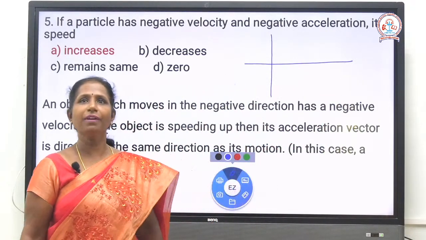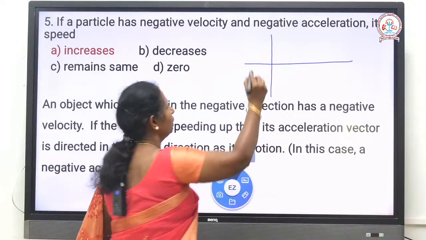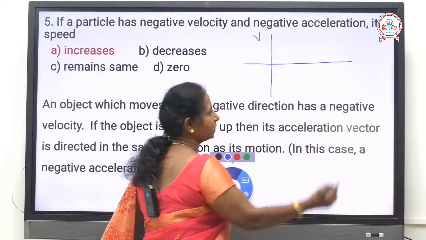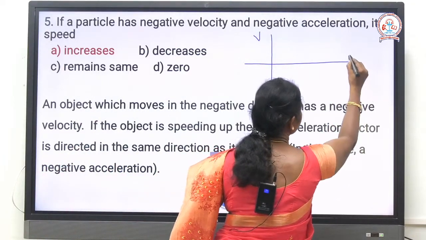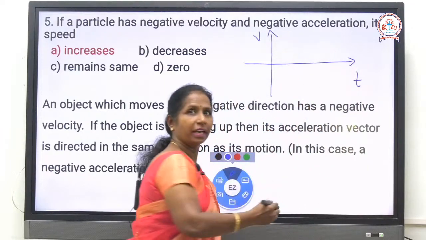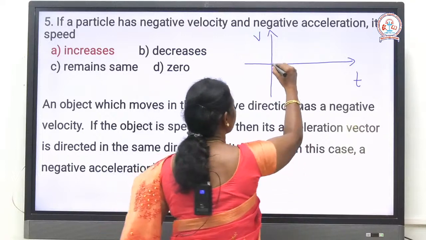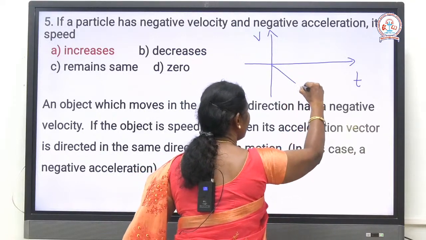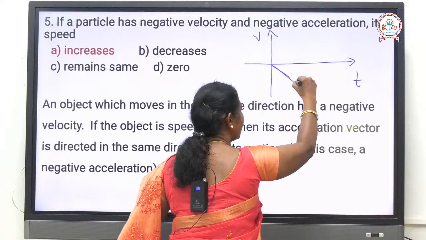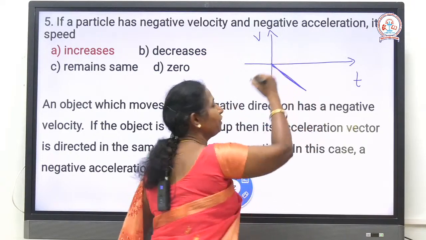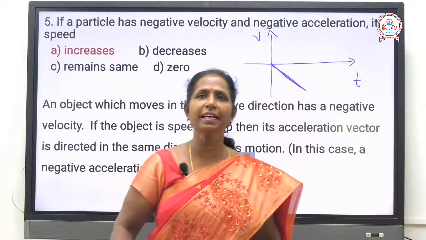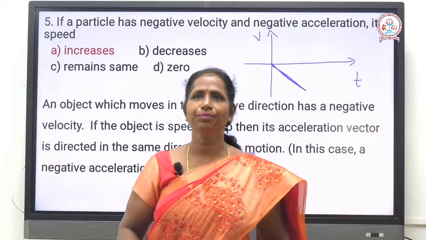For negative acceleration, if velocity is taken along the y-axis and time is taken along the x-axis, and the particle has negative velocity and negative acceleration, the graph will be like this. Velocity is negative and acceleration is also negative.